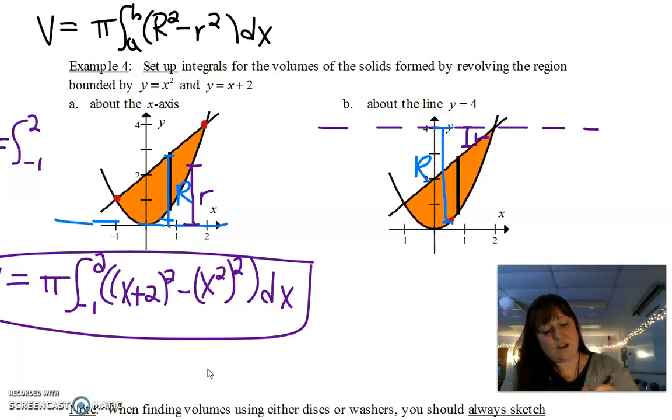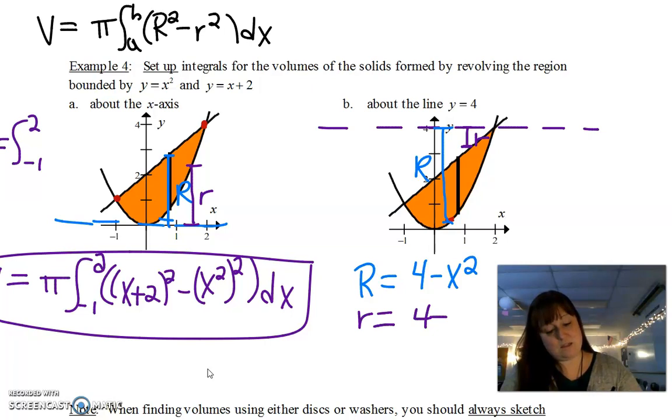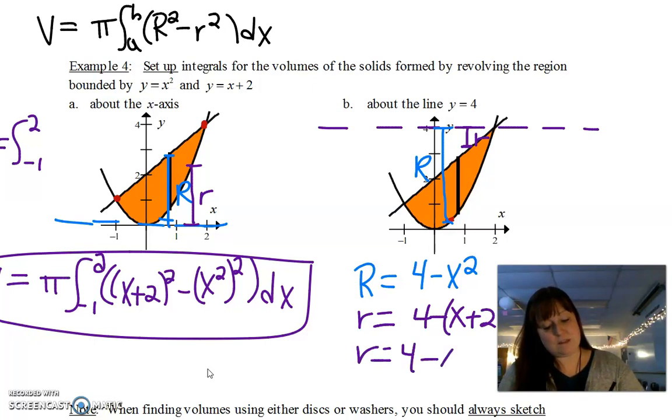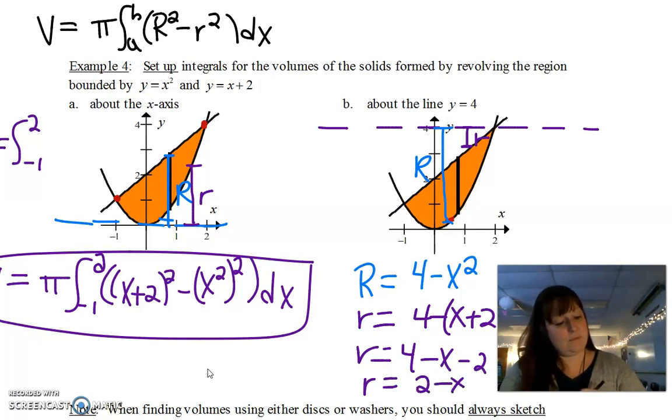Okay, so let's find these. Big R is top curve minus bottom curve, so that's 4 minus x squared. And little r is 4 minus (x plus 2). Remember, we're subtracting the whole function. So little r ends up being 4 minus x minus 2, which is 2 minus x.